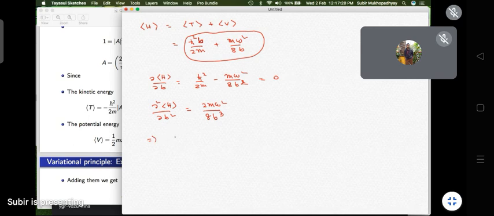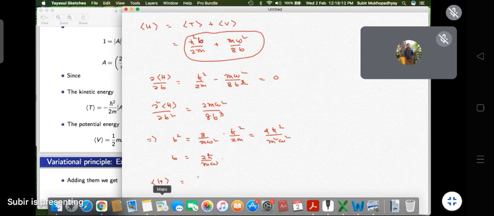b square will be how much? 8 by m omega square, h bar square by 2m. That means 4 h bar square by m square omega square. In other words, b is 2h bar by m omega. If that is so, then we can substitute in and find the minimum value of this H. So H we can evaluate as h bar square by 2m into this one.